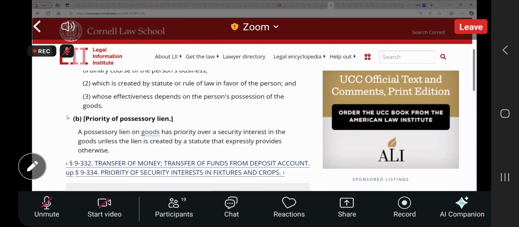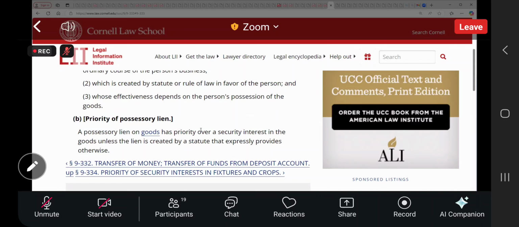So understand how this works. The priority of a possessory lien: a possessory lien on goods has priority over a security interest in the goods unless the lien is created by a statute that expressly provides otherwise.